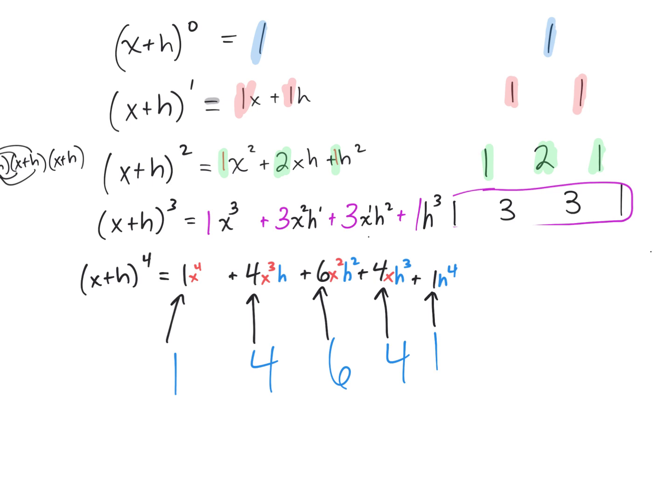For the variables, the x's, the first variable we see, goes in descending order from our degree, 4 to 3 to 2 to 1. H does the same thing but opposite, right? 4 on the right, 3, 2, and 1. And in just a quick snap of time, we can expand binomials very quickly.